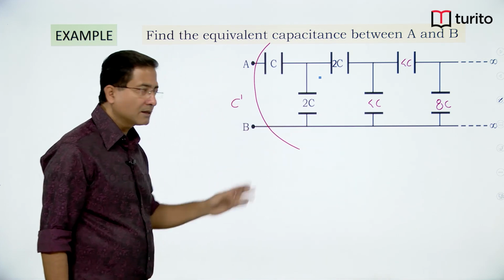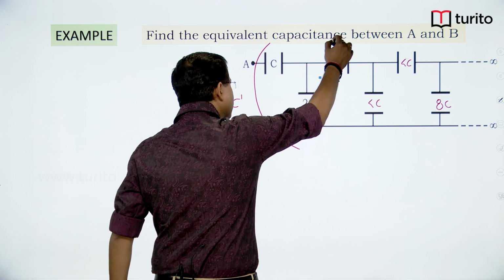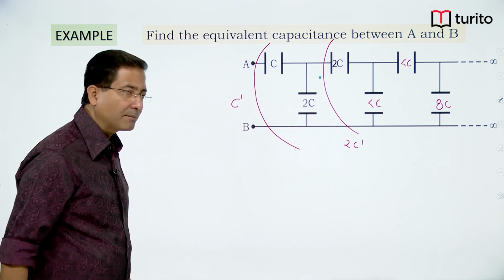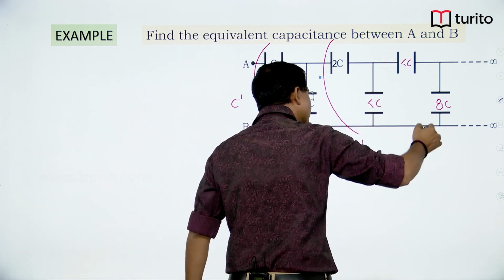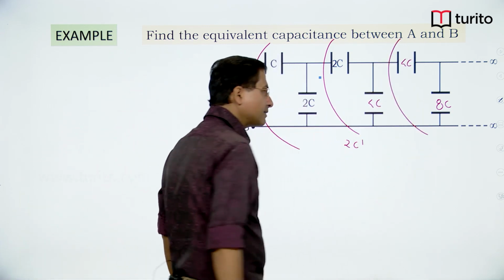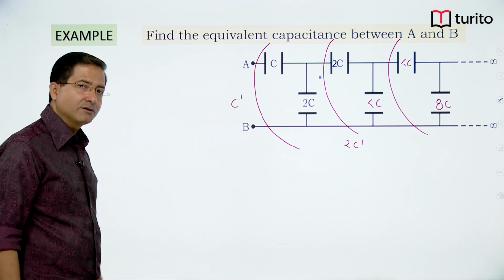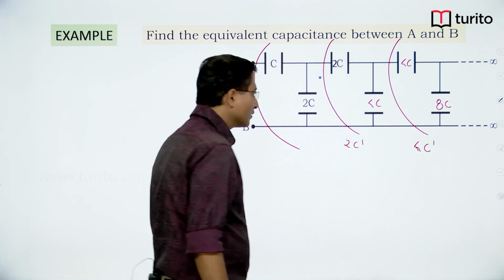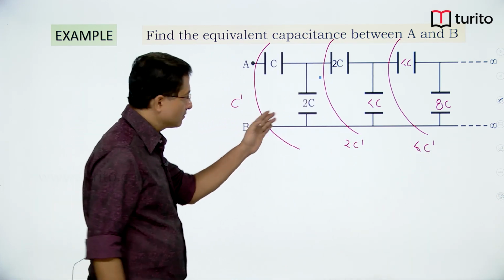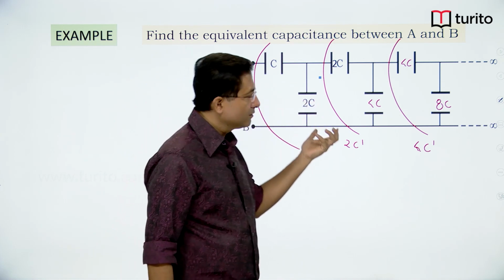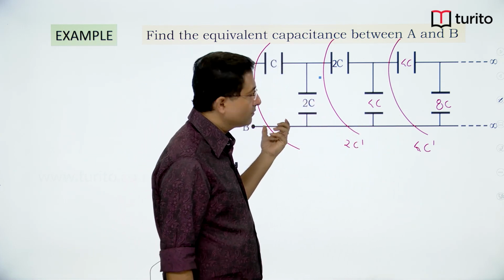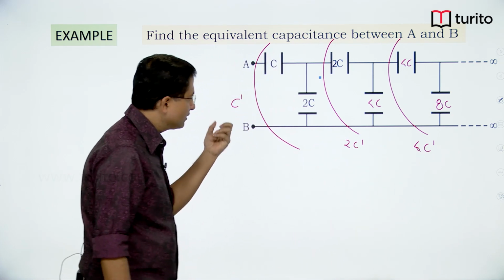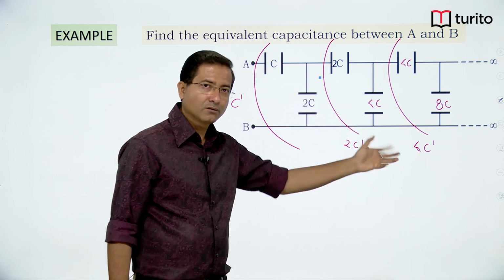If I assume this as C dash, then the capacitance for this part will be 2C dash, and from here onwards it will become 4C dash, twice the previous one. So in the previous case it was C dash whether you took the unit or not, but here we have C dash, 2C dash and 4C dash, right.